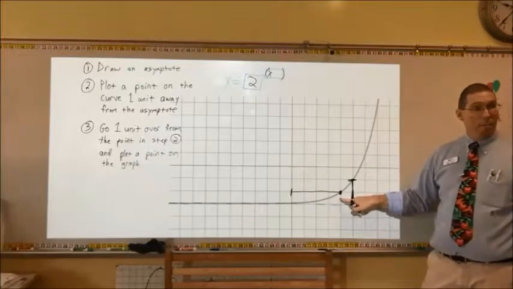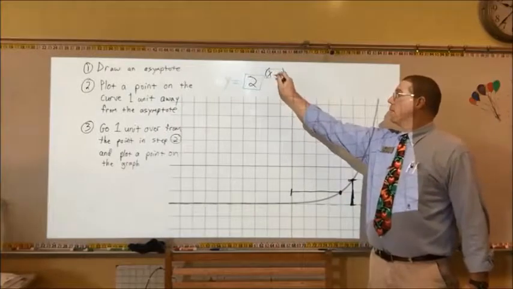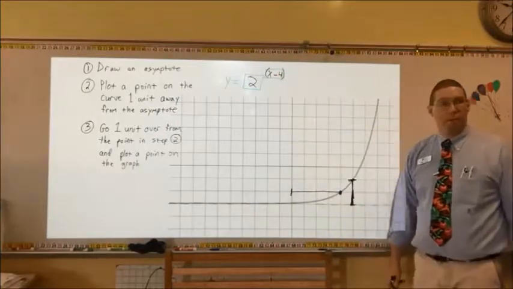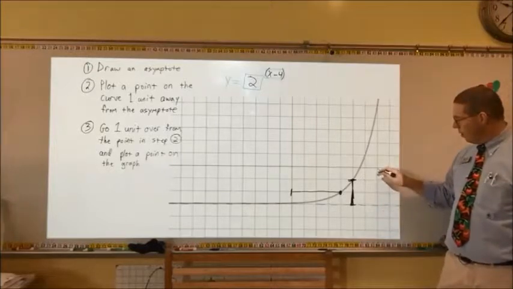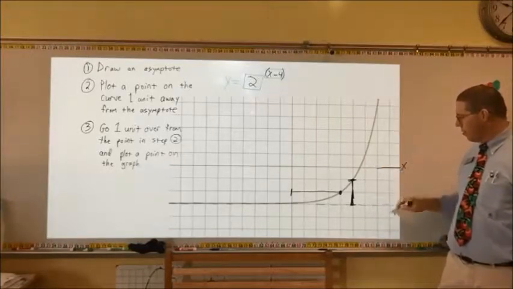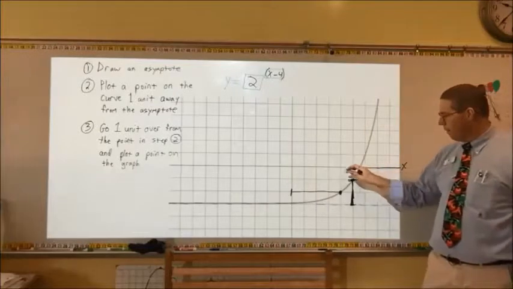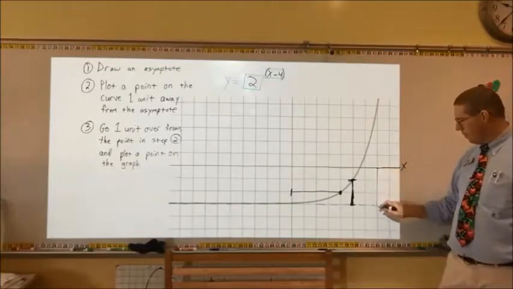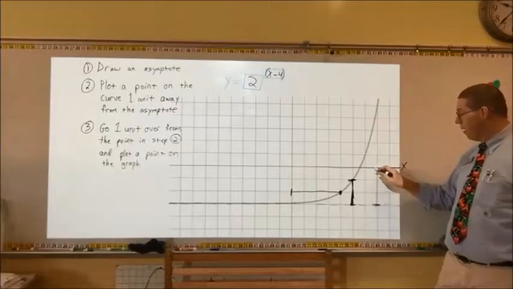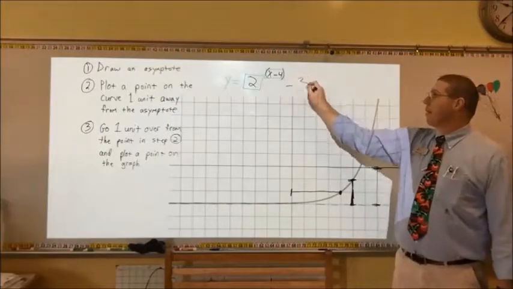X minus 4, right? Because it's got a right shift by 4. What about the vertical shift? Here's the x-axis. Did it go up or down? Where's the asymptote? How far down? Down 3, right? So I'm going to put a minus 3, and there's the equation.